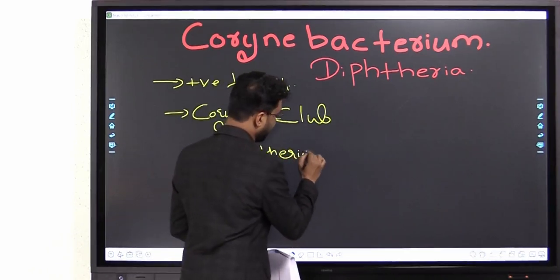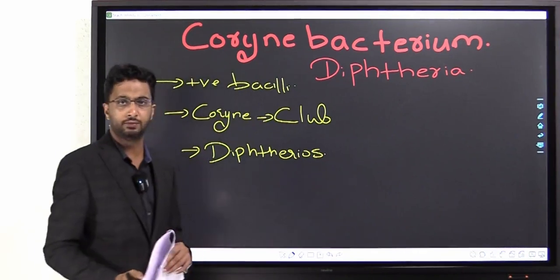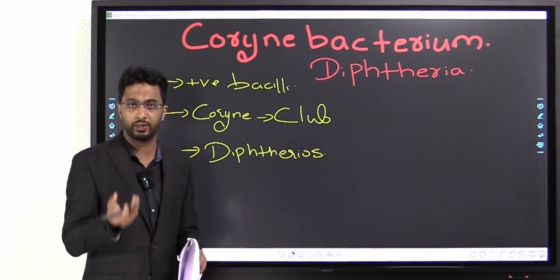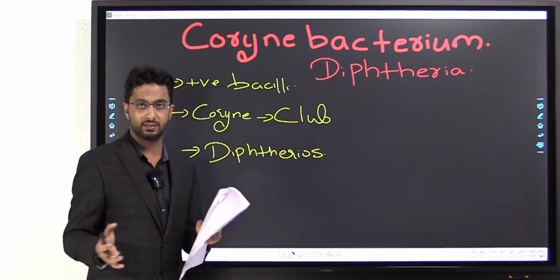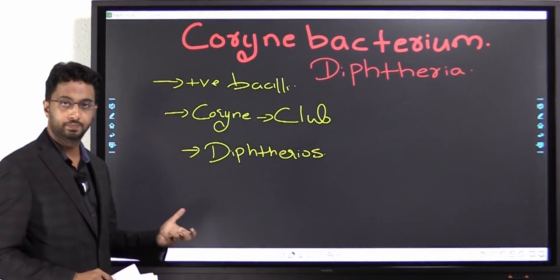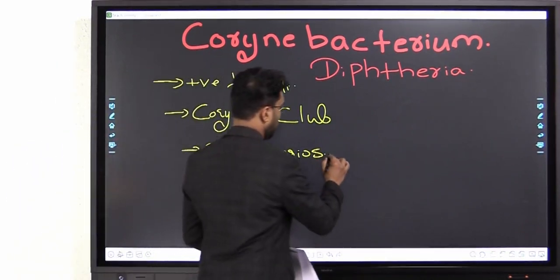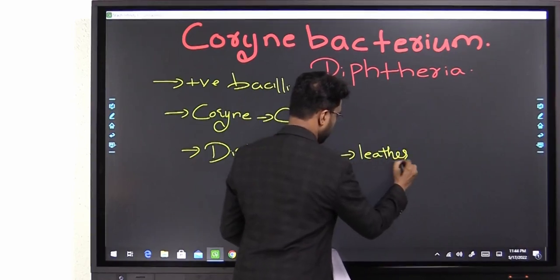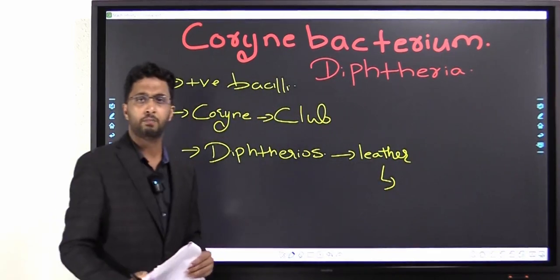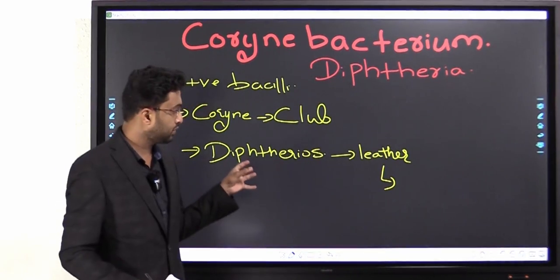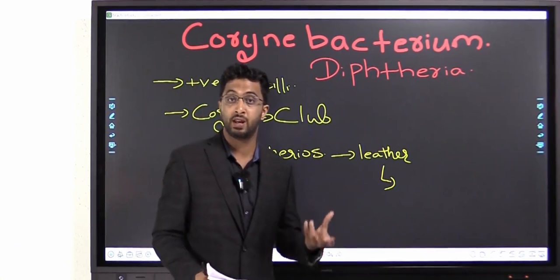Basically, it causes a disease called diphtheria. It's a kind of pharyngitis, or it affects the respiratory tract, laryngitis and pharyngitis. Now, diphtherios means leather. Why leather? Because this causes a very important disease which leads to pseudomembrane formation.